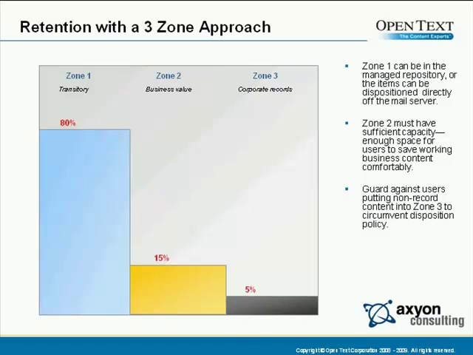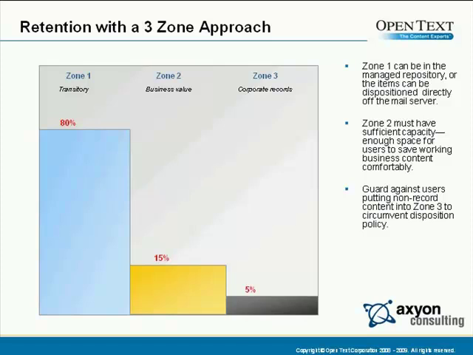So in zone 3, these are your corporate records, and the quantity of items here may actually be fewer, but the classification or retention rules are more complex, and the information, of course, is the most essential information that we're trying to retain in this diagram. In this zone 3, we're complying with legal regulations and such.